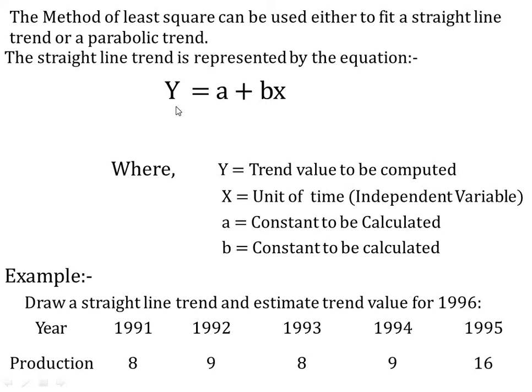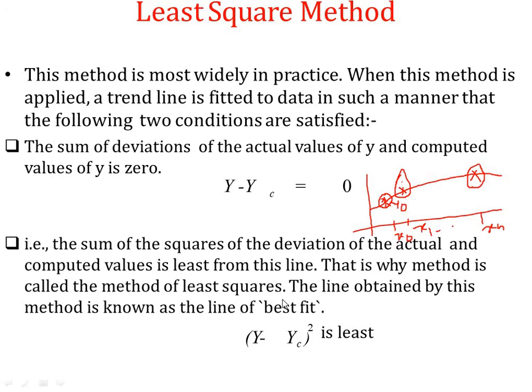Using the least square method we have to calculate the values of these constants so that the equation of the trend line can be obtained. The least square method says that if I take the sum of squares of all the residuals, the minimum value can be found if I partially differentiate it with respect to the constants.